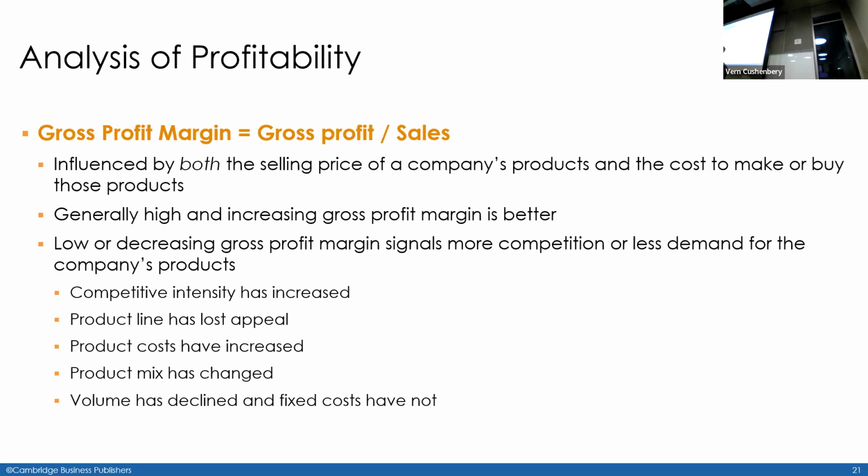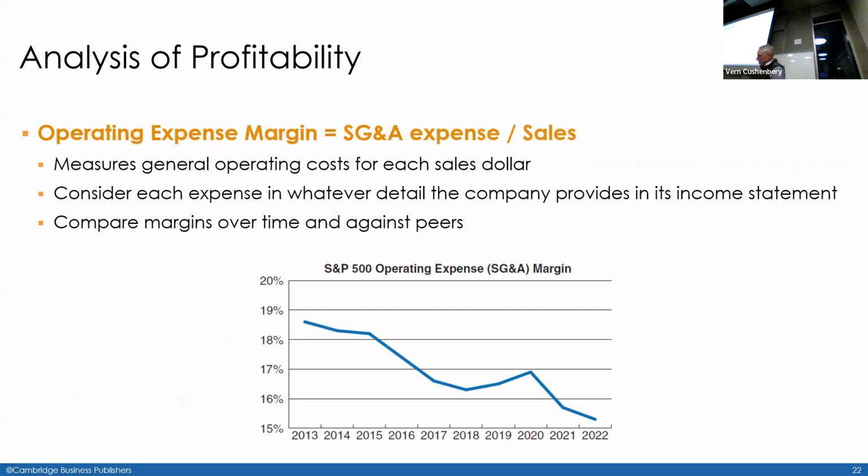And maybe not you're expected to be able to answer, but you're certainly expected to ask the investor relations team for their opinion. Look at the Morningstar report for that opinion. Read a couple of additional analyst research reports and try to find some opinions there. And then make an argument for which one of those you think is most prevalent. Product mix, volume has declined, fixed costs have not, so on and so forth. So I thought that was a great little slide that our authors put together there.